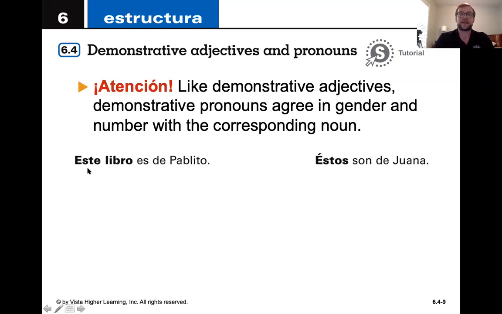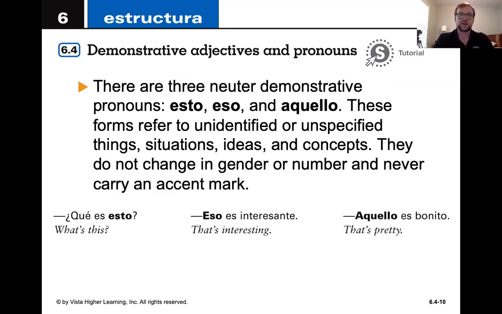If we were just wanting to say, this is Pablo's, este es de Pablito. It's going to keep the same ending as your demonstrative adjective would. Estos son de Juana, or you could say estos libros son de Juana as an adjective when a noun is following, or as a pronoun standalone. Estos son de Juana. Okay, muy bien.